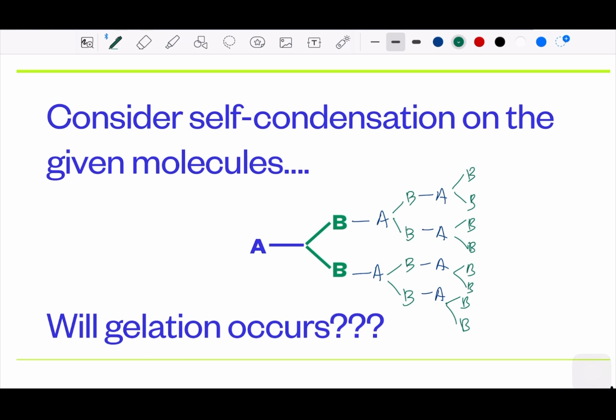Imagine we take another A, B, and it will not stop, right? So it will go on for an infinite amount. So the gelation will never occur. The network will never occur, right? So the network does not occur.